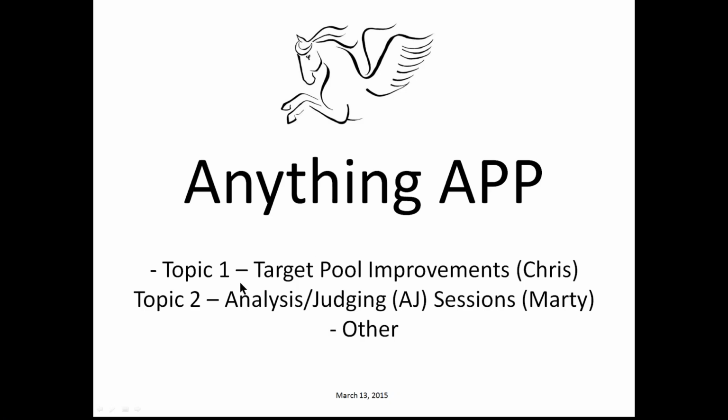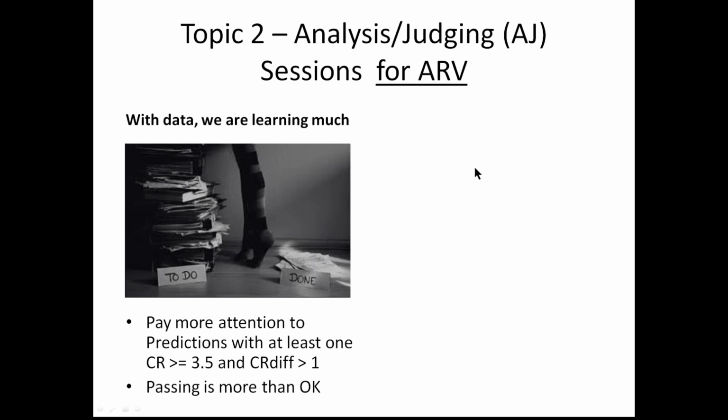I only have a few, but let's talk about topic 2. There's a lot to say about analysis judging, but for now, let me just focus on the data. As you all know, I'm paying a lot of attention to the data. We really are learning a lot about analysis judging from the perspective of being able to predict what's going to happen next.